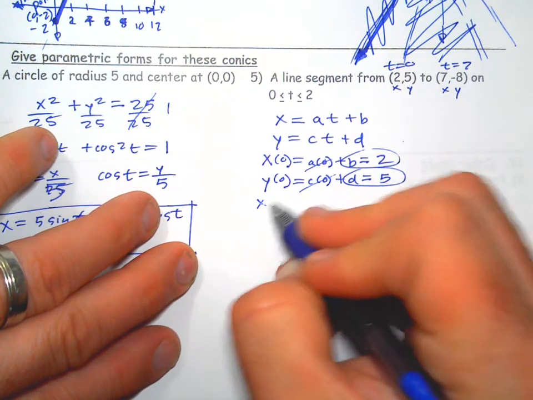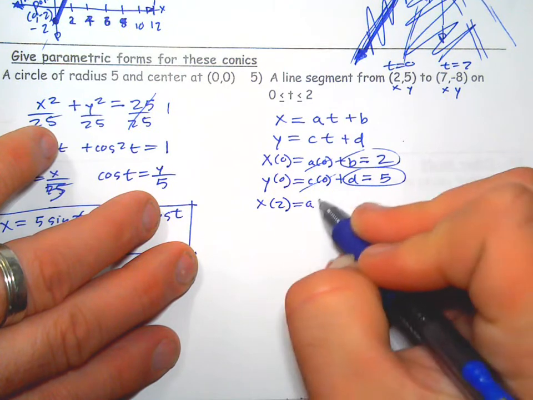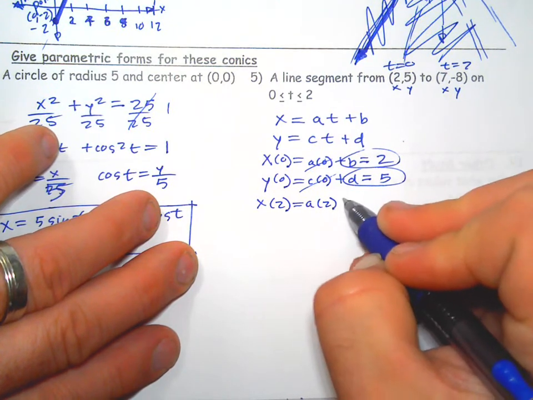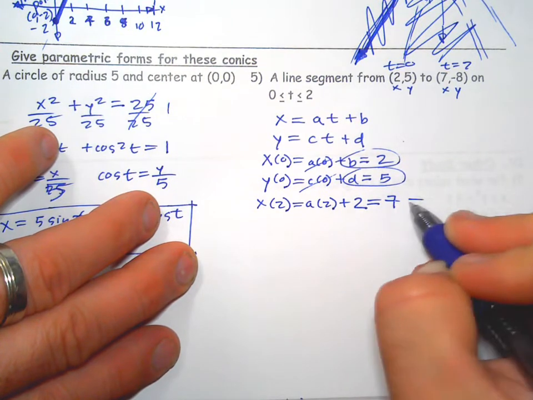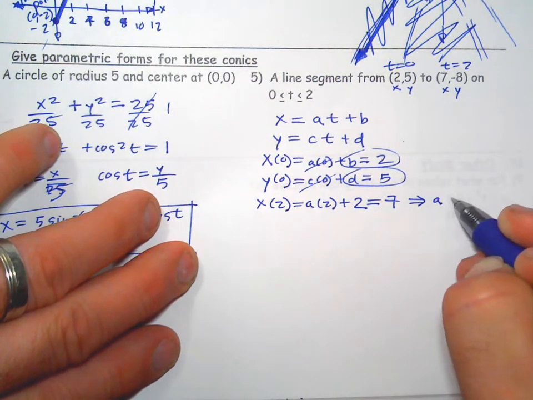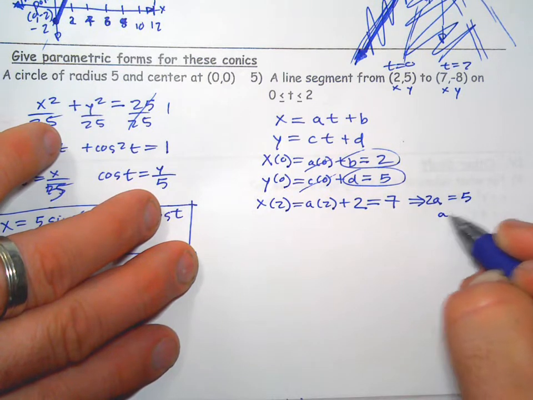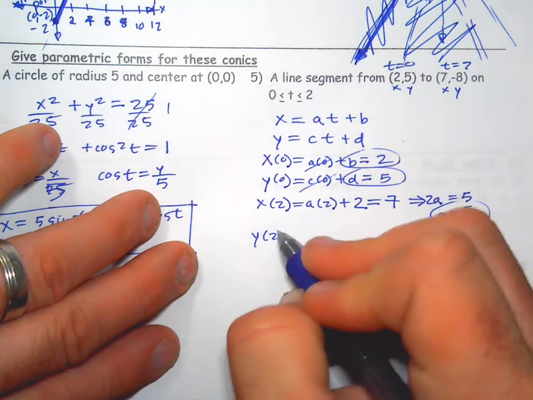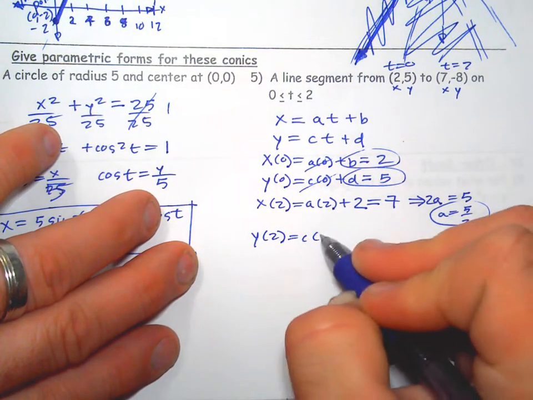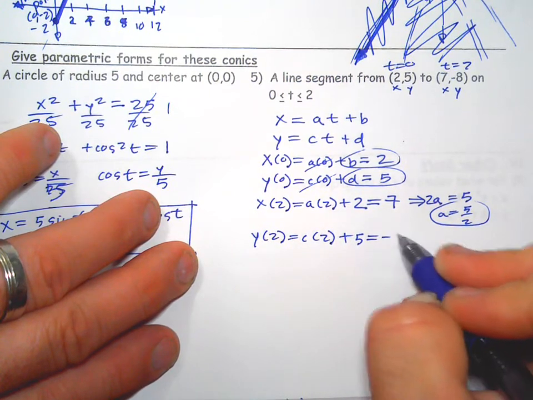And then we do x at time 2 equals a times 2 plus 2 for the b should add up to 7. And so then 2a equals 5, so then a equals 5 halves. And y at 2 equals c times 2 plus d, which we figured out was 5, and that should give you -8.